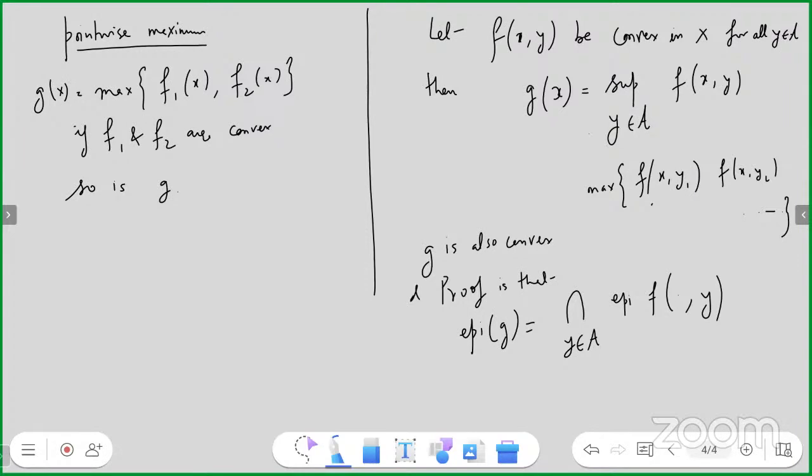Okay. So before I go to inf, if I have this, can you give me an example where suddenly you can say some interesting function is convex? A supremum over a function that is only convex over x, not over y.